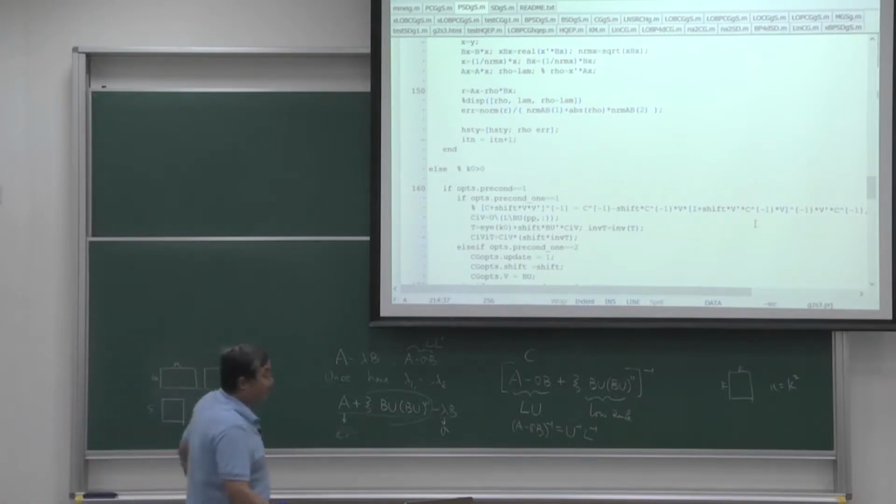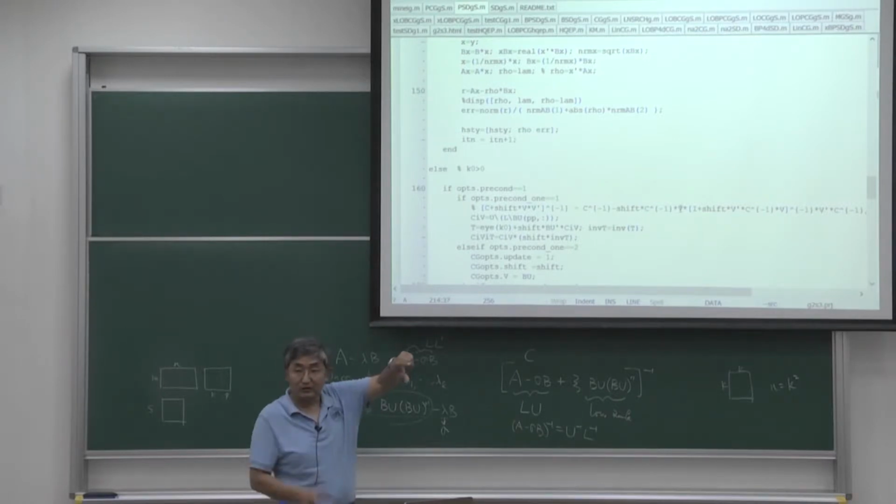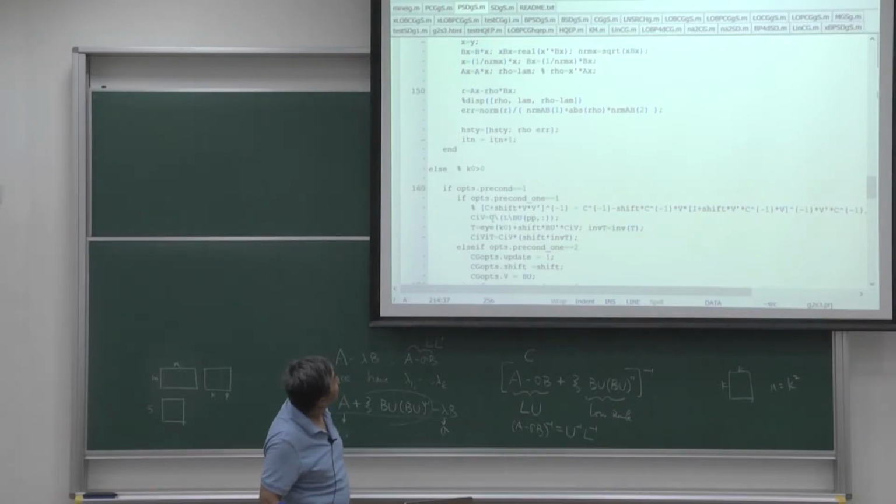So that's the reason I actually compute the inverse of at most a 3 by 3 matrix here. You first compute CIV, which is C inverse V. V has only a few columns, so you pre-compute it and save it. The U, L, and BU are there; the reason for P is the permutation when you do an LU decomposition.